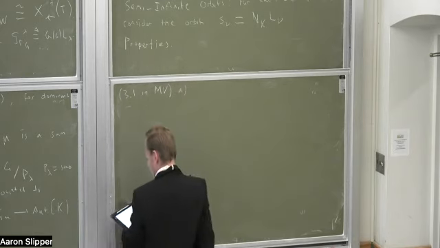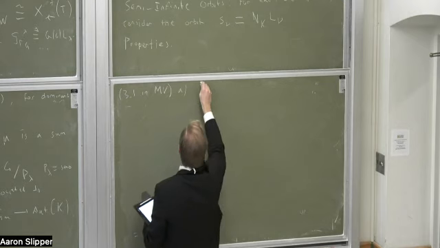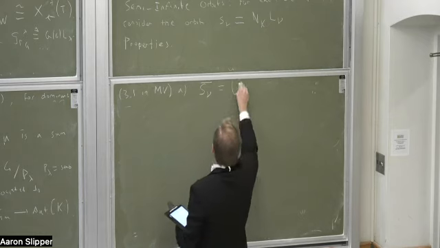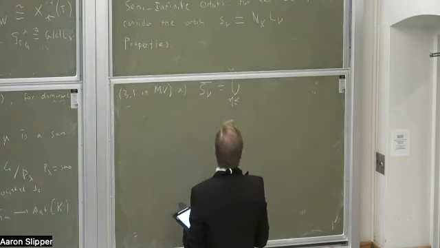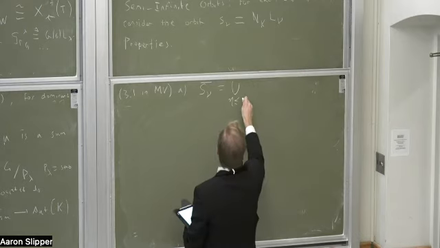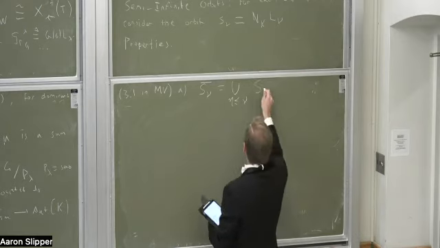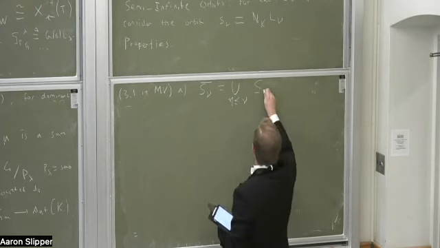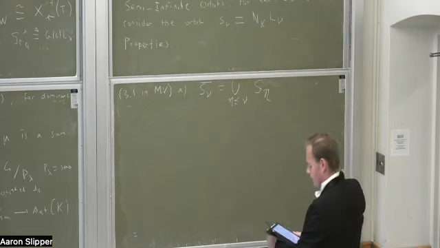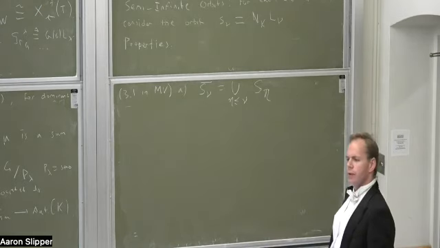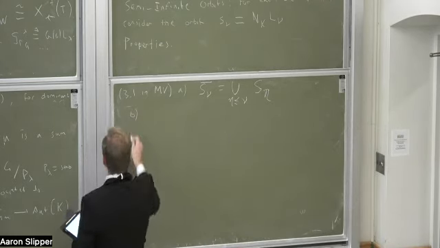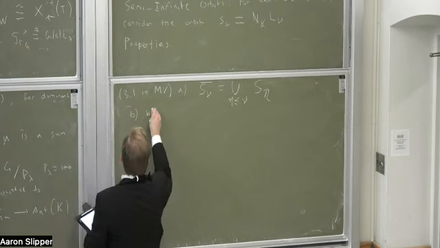A: the Zariski closure of one of these semi-infinite orbits is equal to the union over all cocharacters less than or equal to nu, again under our standard ordering, where less than means that the difference between the two is a sum of positive roots. And B is a sort of technical point, which I won't dwell upon too much.